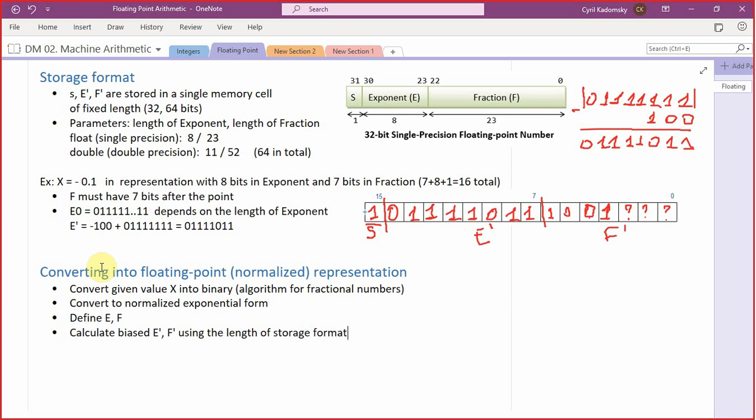That is why in all tasks, in all exercises, it is specified how many bits there are in the exponent or in the mantissa or fraction.